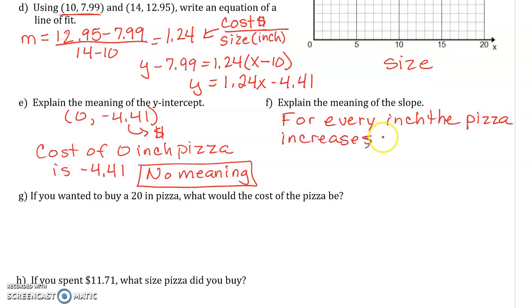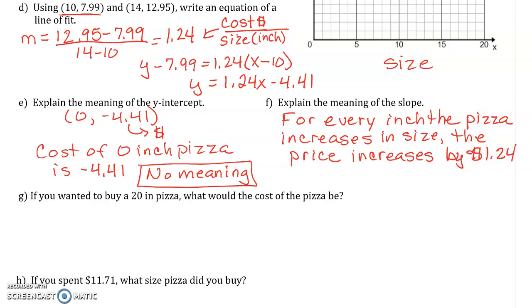For every inch the pizza increases in size, the price, did it go up or did it go down? Positive 1.24. The price increases, because it's positive, by $1.24. That's a dollar sign. There you go.